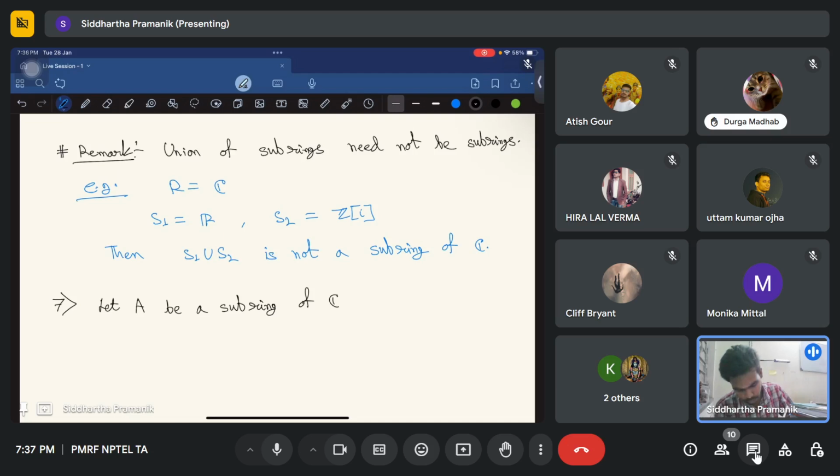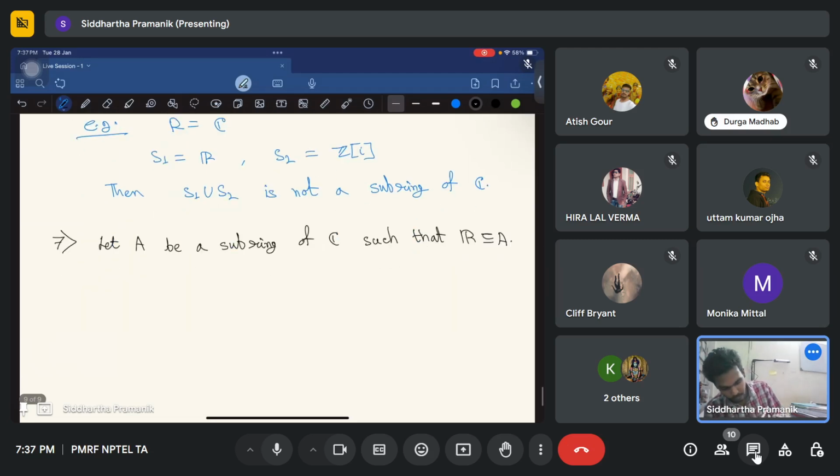You can do it on your own. Okay, let's focus here. So let A be a subring of C such that R is a subset of A. Then prove that either A equals R or A equals C.